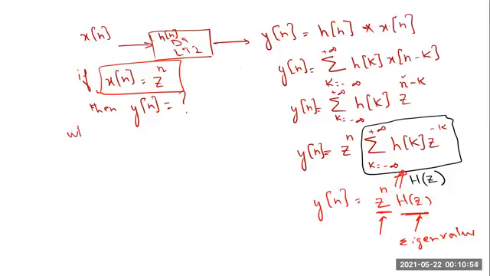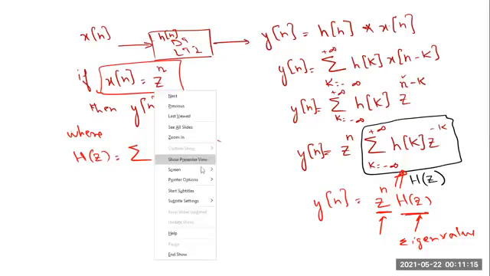So this eigenvalue for a discrete time LTI system is the summation of h, where this small h is the symbol for the unit impulse response. So this eigenvalue is related to the unit impulse response of the system.